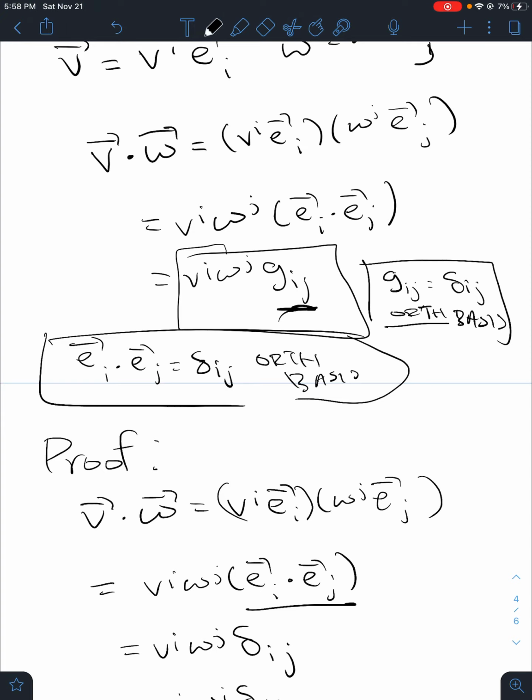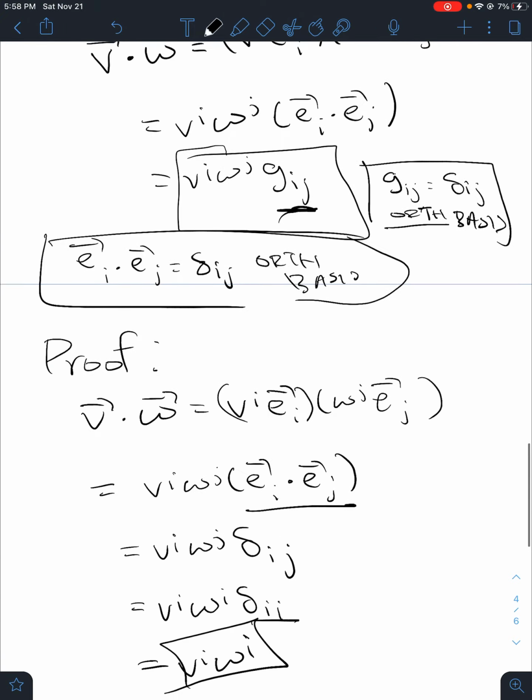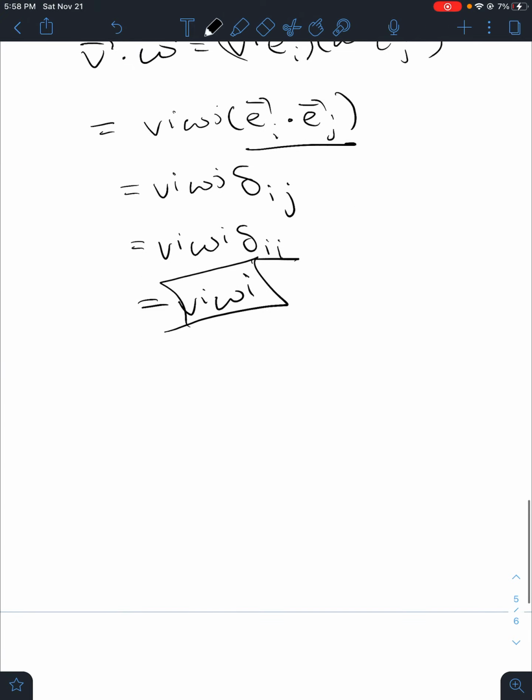So that's a brief rundown of it. Also, the metric tensor acts on two vectors, v and w, and gives us the dot product of v and w.